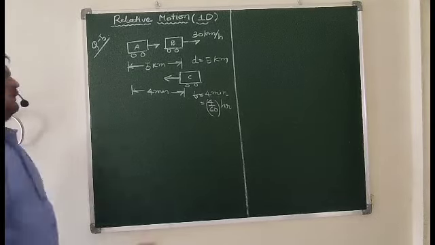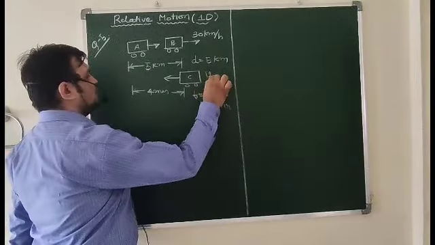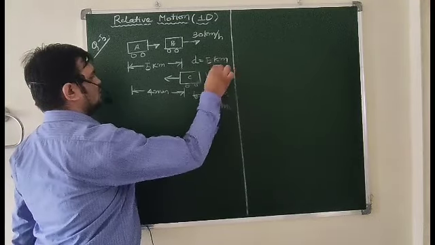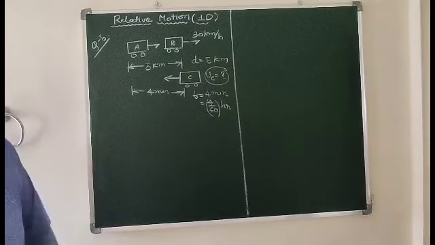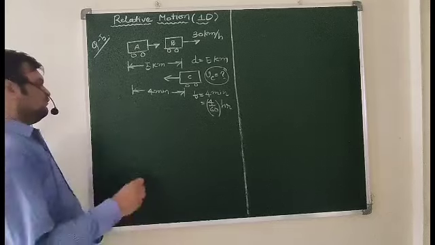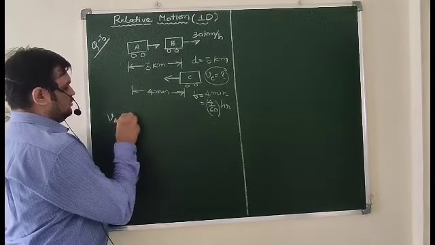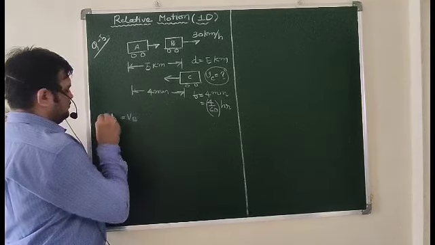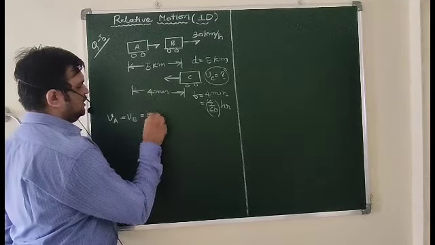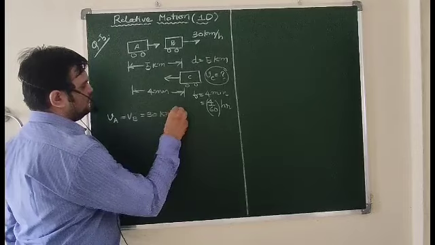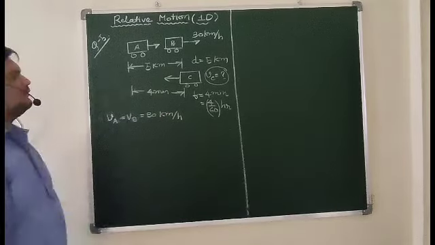So here ultimately we have to find out the velocity of car C. So now VA is equal to VB is equal to 30 km per hour.